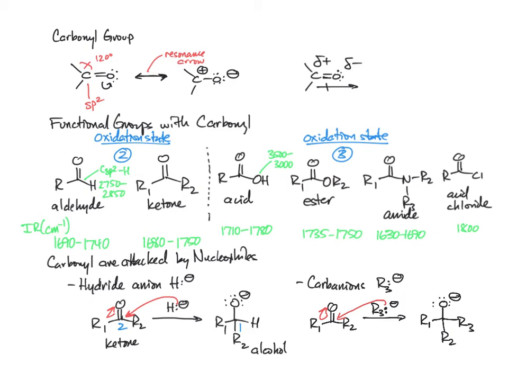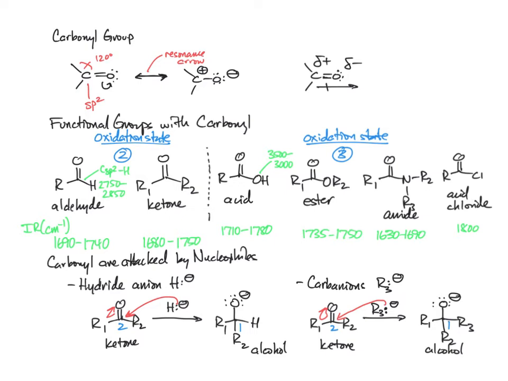Again, you can see that we're starting off, if this was a ketone, at oxidation state 2. We end up with oxidation state 1. So the ketone is reduced to an alcohol. And then, since these are all 3 carbon atoms, this would be a tertiary alcohol.